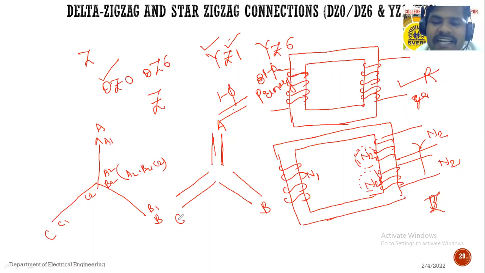Then we will be able to make the zigzag connection. OK, now we will discuss one zigzag connection, then you will easily understand the other zigzag connection also.